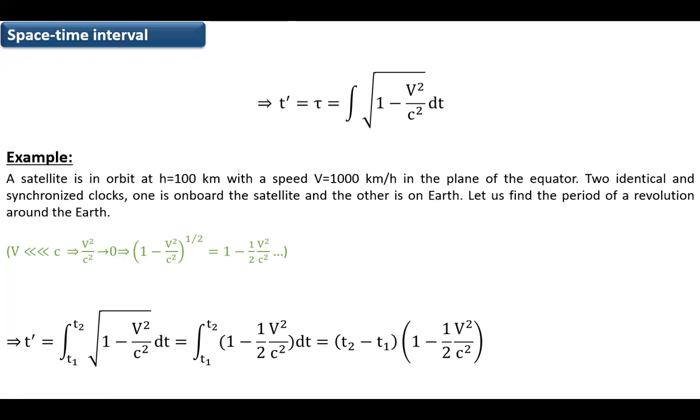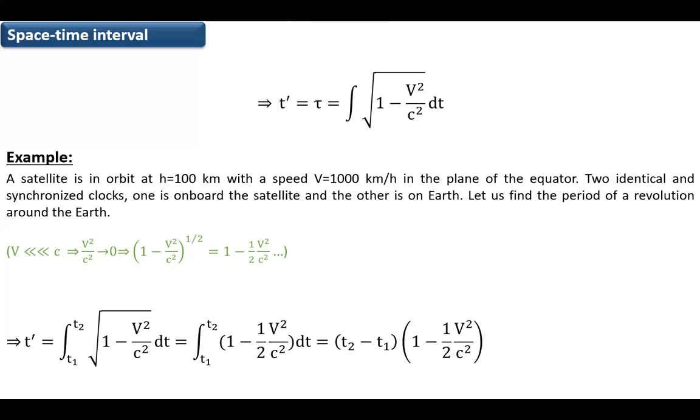And so they put one clock on the satellite, and the second identical clock was kept at rest on the surface of the Earth. They wanted to see the difference of time between the moving clock, which is attached to the satellite, and the clock at rest, which remained on the surface of Earth.